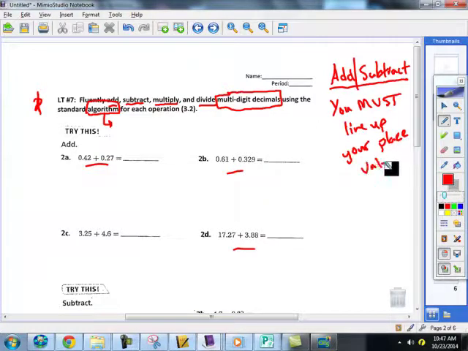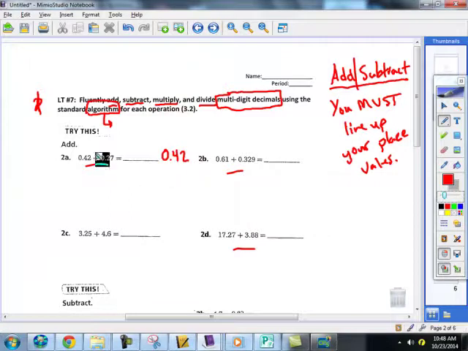Place values. Okay? So you're not adding the ones place to the tens, or the tenths to the hundredths. You can't do that. You have to line up every place value, which can start by simply lining up the decimal place. Okay? So we'll do this one together here. Here I have 0.42.